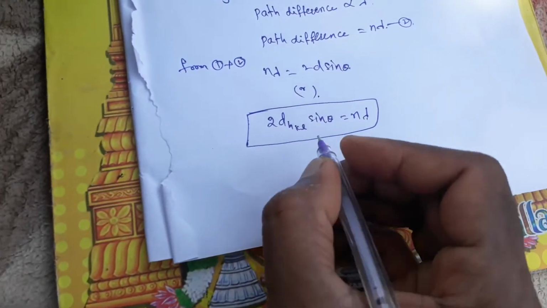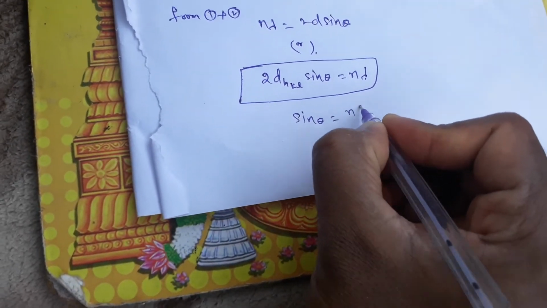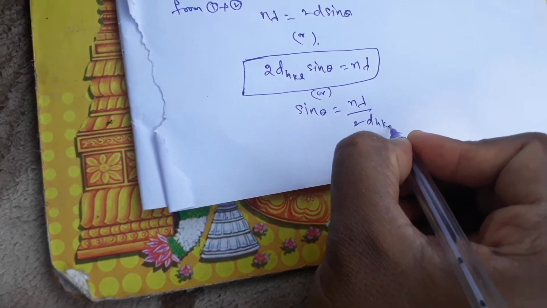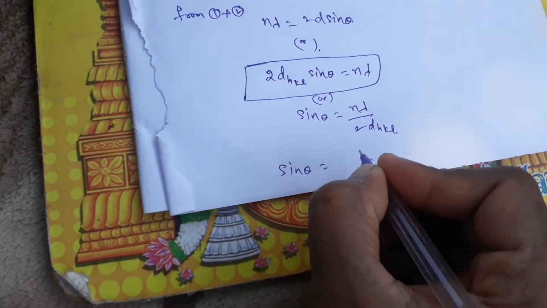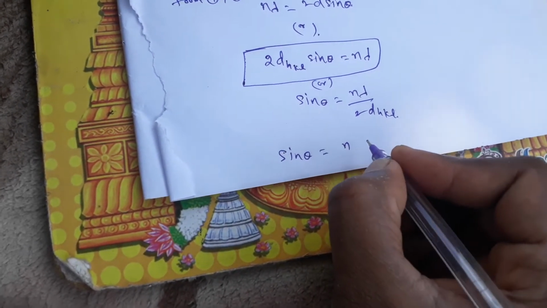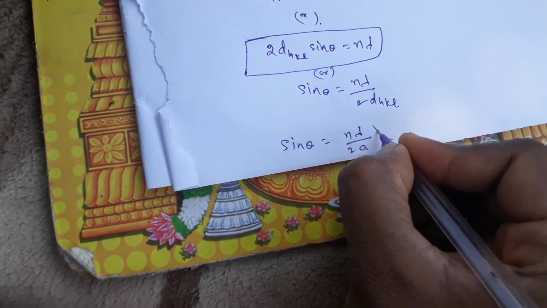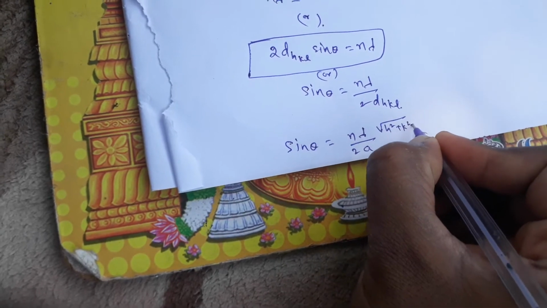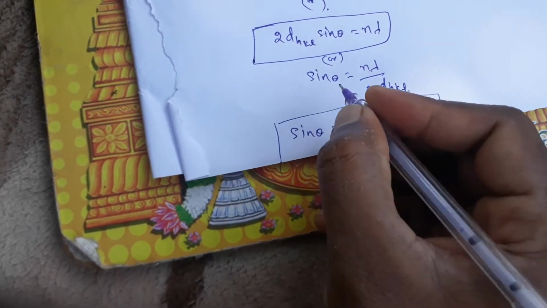So sin theta is equal to n lambda by 2 d HKL, or sin theta is equal to n lambda by 2a into the square root of h square plus k square plus l square. This is the equation for sin theta.